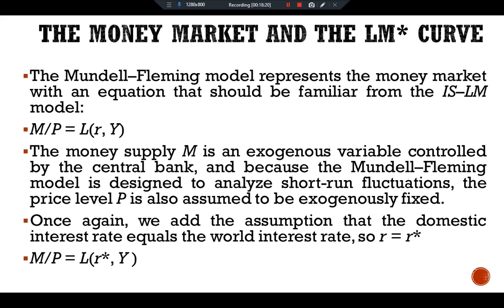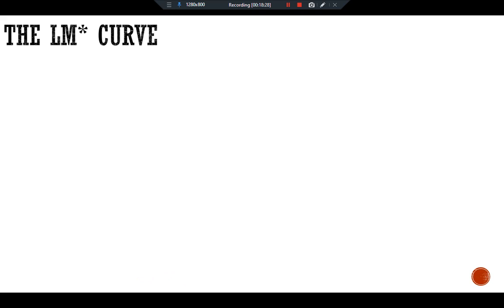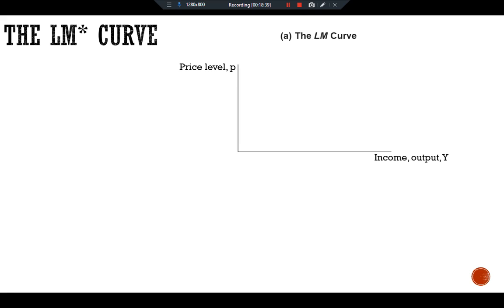So let's see a graphical representation. Here we have the LM static curve. We have income, output Y, on the x-axis, and interest rate r on the y-axis. Sorry, we have a little mistake here, so we have removed the mistake with the price level.